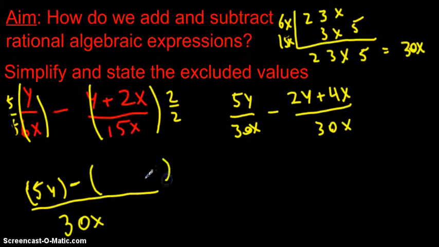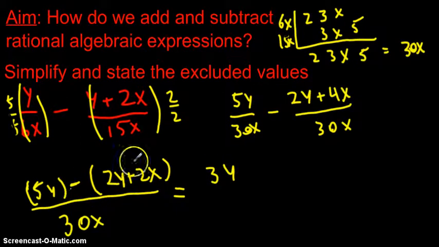This is the part where most people mess these things up. 2y plus 2x. Because we're actually subtracting this entire numerator from this entire numerator, we should include parentheses. So if we do this subtraction, 5 minus 2 would be 3y, and nothing minus 2x.